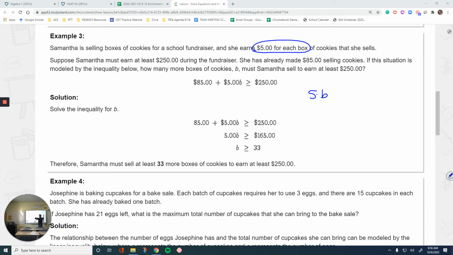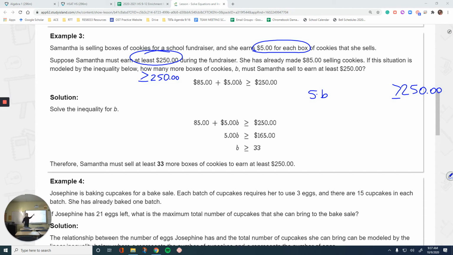So what I will have on the right side is, at least that much means greater than or equal to $250. So that's my right side. $250 could be equal, it could be more than that. She has already made $85 selling cookies.